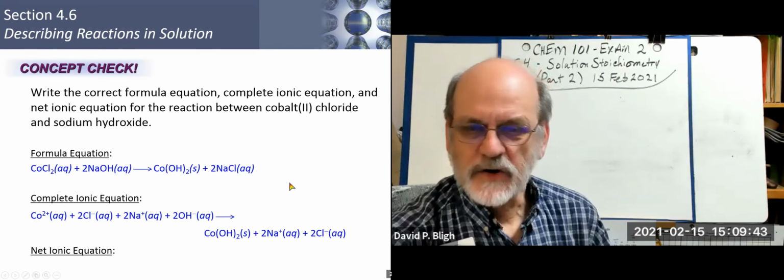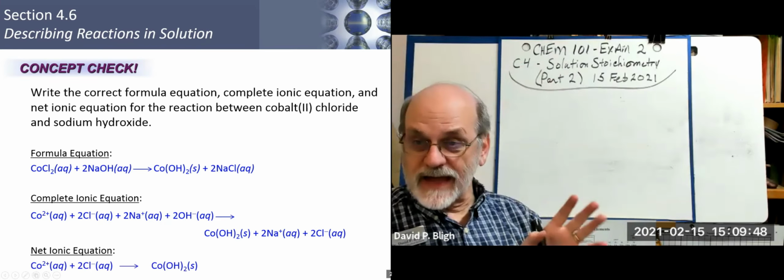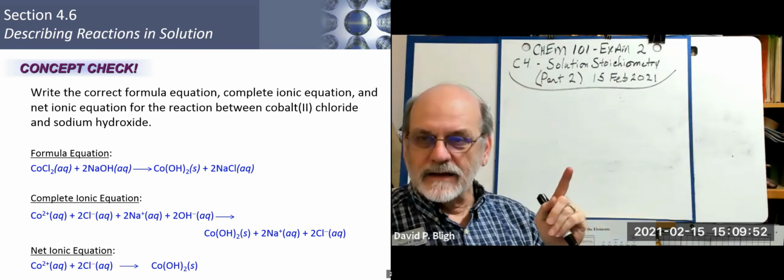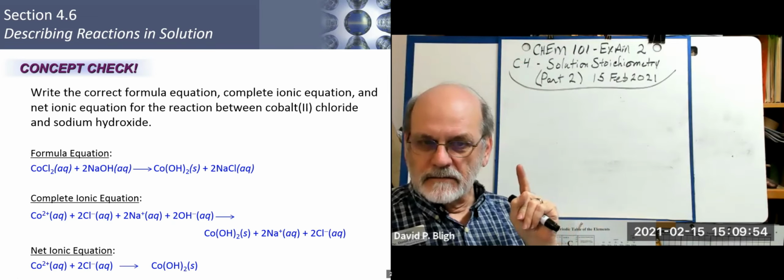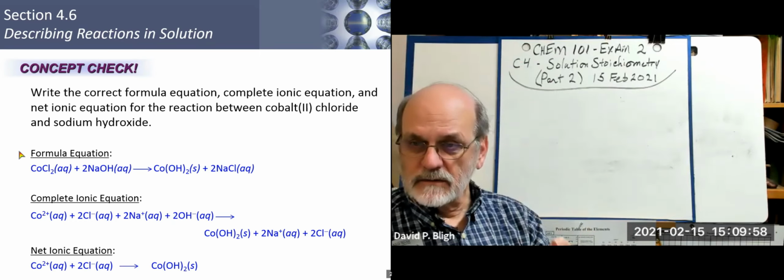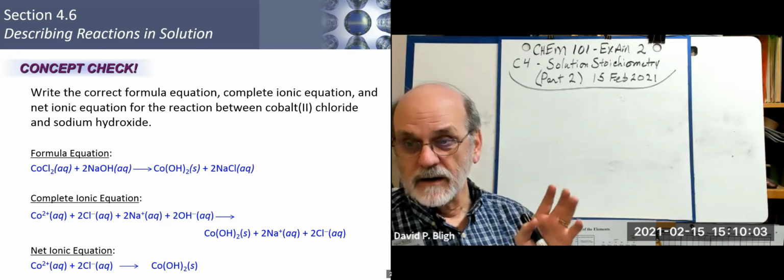All right, so here's an example. You've got a couple of examples also in your review document for writing the, well, this is called the formula equation, the molecular equation, which actually a formula equation is a better term for it.